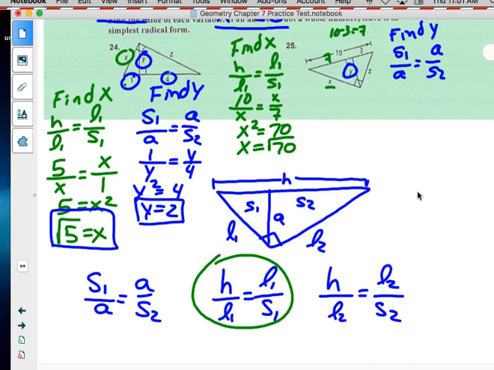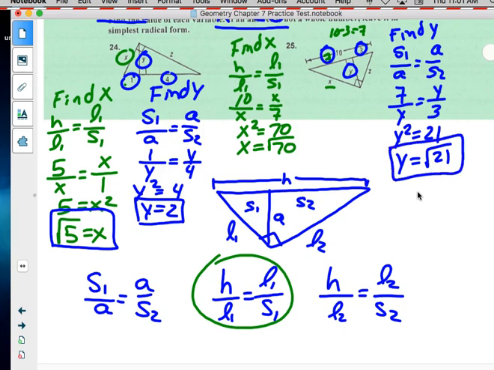It's in altitude, and I have S1 and S2. So now S1 is 7, S2 is 3, so y squared is equal to 21, y is equal to the square root of 21. Please notice I'm not finding the decimal value of these answers. Okay, I'm finding their exact roots, and the factors of 70 are 7, 2, and 5, so I can't extract any perfect roots there. And now my last one is finding z.